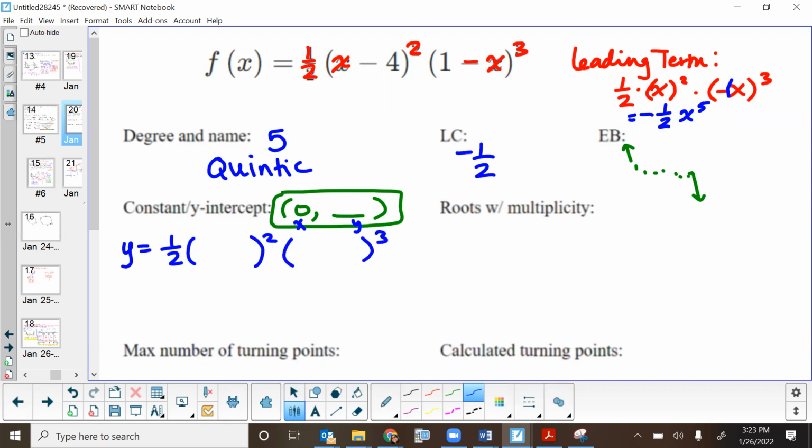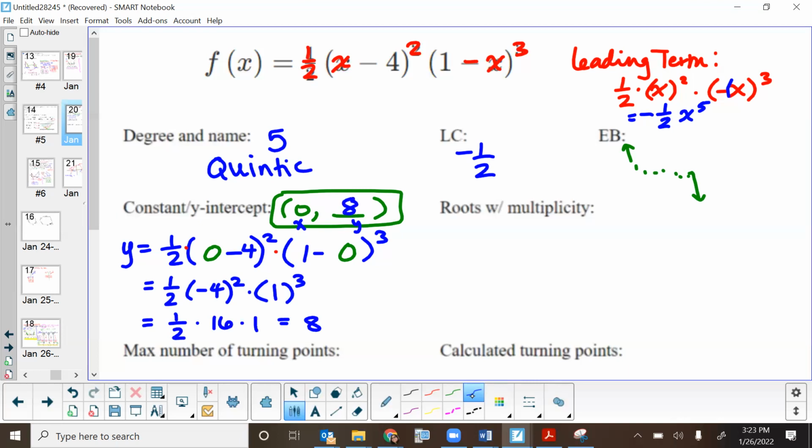For the constant or the y-intercept, I'll put 0 in for x and figure out what y is. So my constant or y-intercept is 8, or (0, 8).